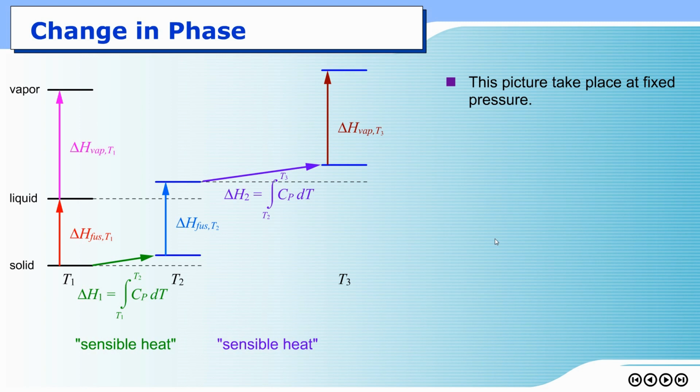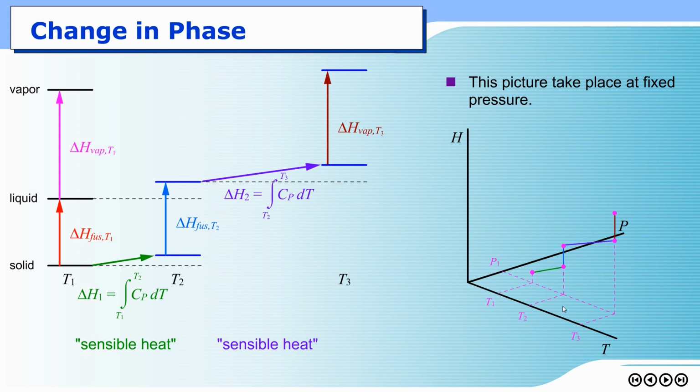To be easier to understand, let's say that the pressure is 1 atm. And if I plot in three-dimensional axes, just like in the last lecture or last video clip, we have temperature axis, pressure axis, and enthalpy axis. Then this diagram can be redrawn by using this picture.